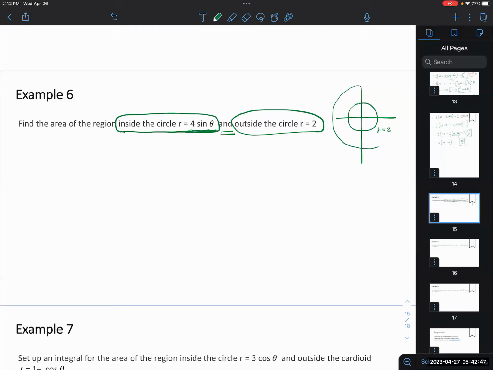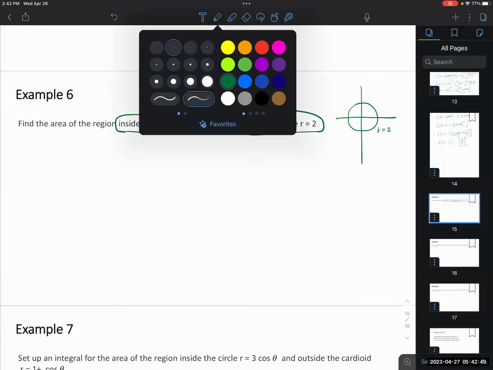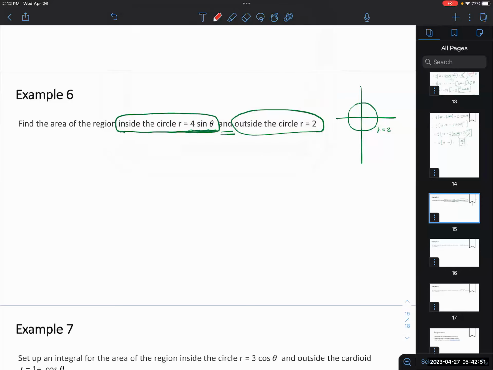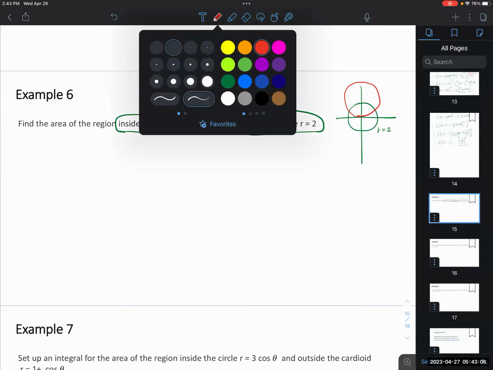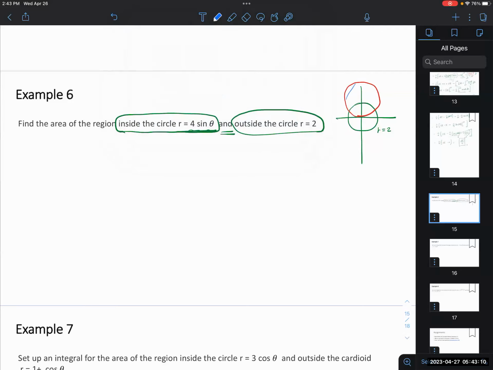If you go to decimal, you can check y equal to 4 sine x. You have a circle above here. So inside of the red, outside of the green. Where is the area we are looking for? This is the area we're looking for.